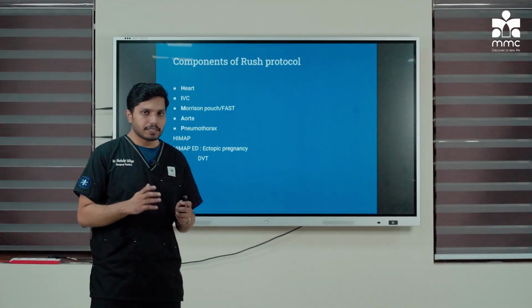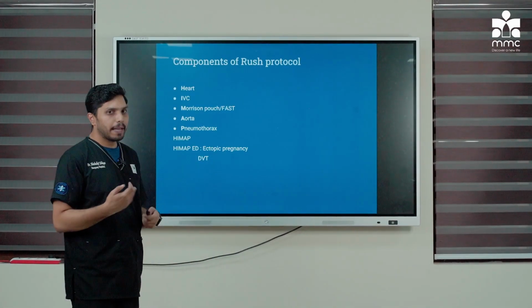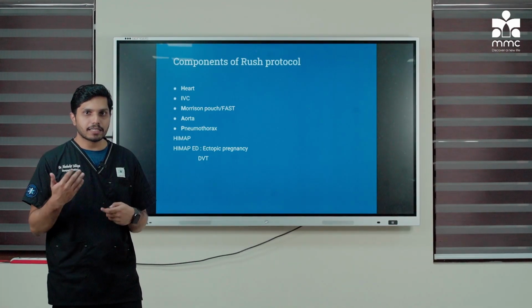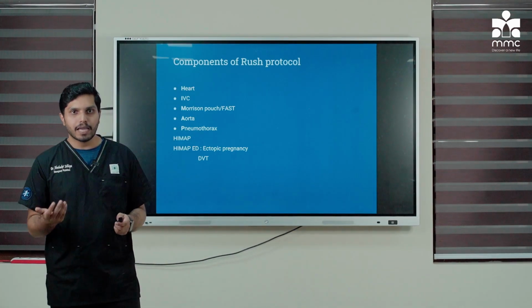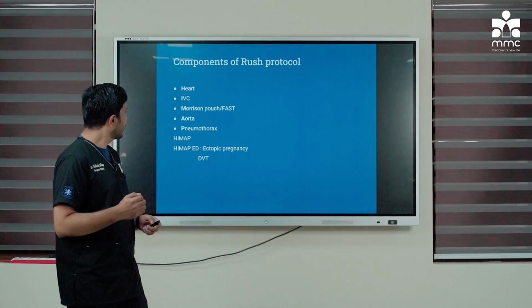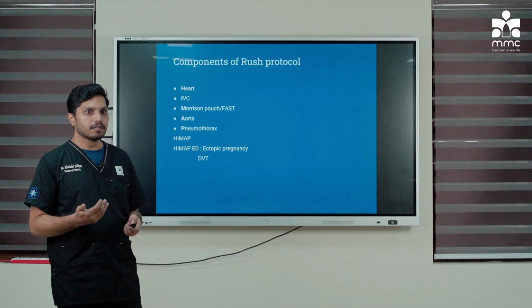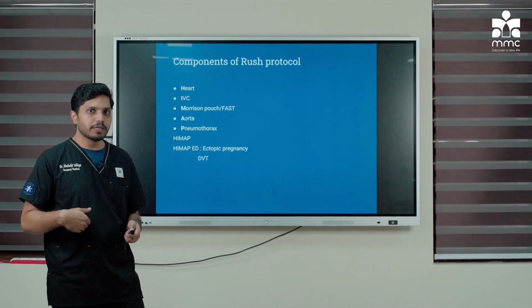For assessment in the RUSH protocol, we follow a mnemonic called HIMAP. H means heart, which we assess with ultrasound. I means IVC, where we assess the inferior vena cava. Then we assess Morrison's pouch, or the FAST, focused assessment with sonography in trauma, but here we are looking for any fluid in the abdomen.